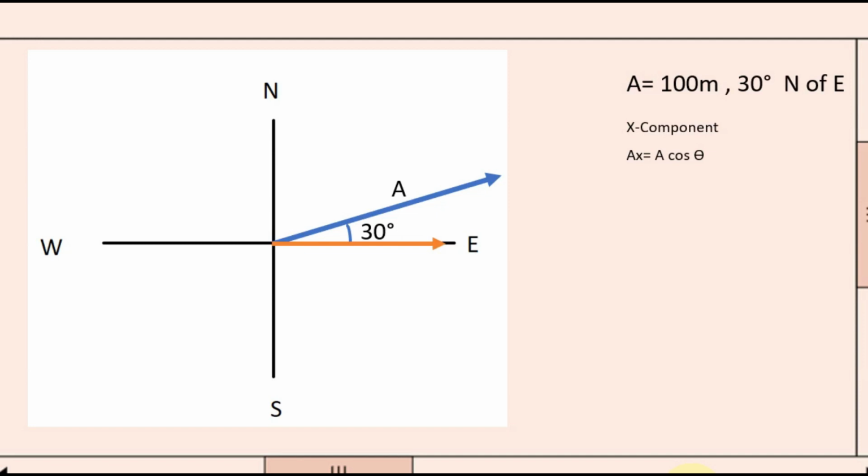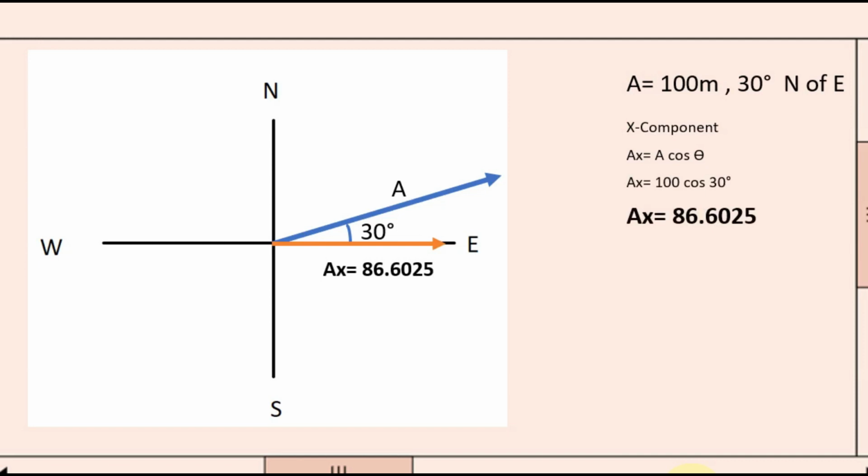So our horizontal component lies on the positive x-axis. That's why we will use a positive magnitude. Substituting our value, which is 100 cosine 30 degrees, we will get 86.6025 as our a sub x.